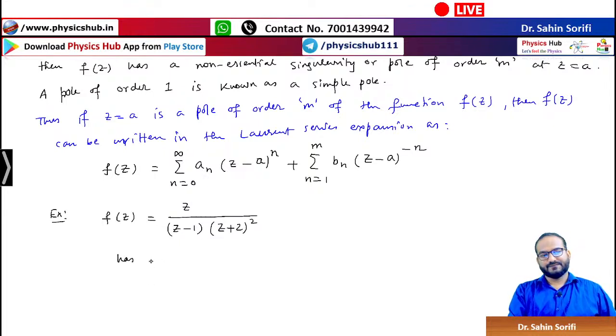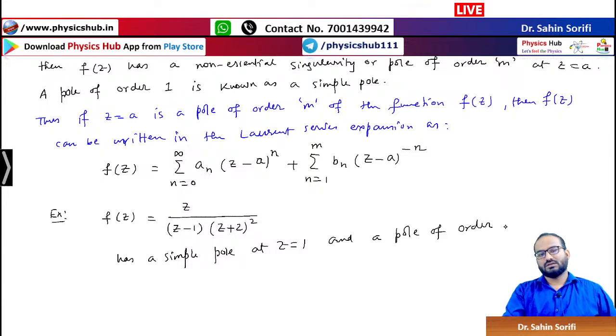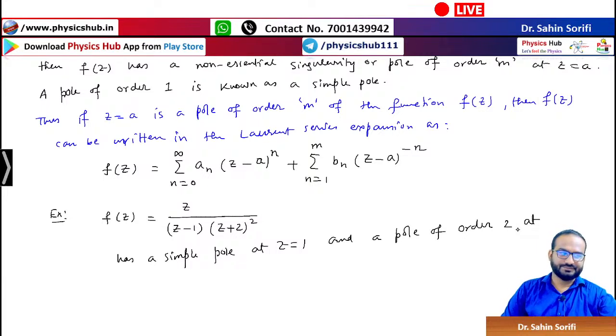So it has a simple pole at z equals 1 and a pole of order 2 at which point? Tell me. Pole of order 2 at which point?